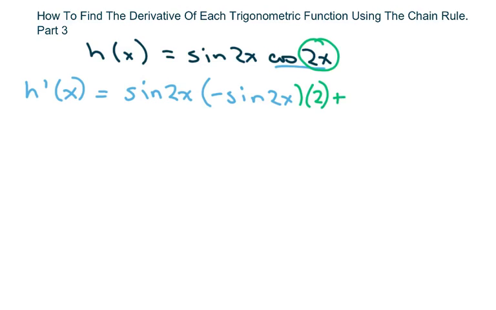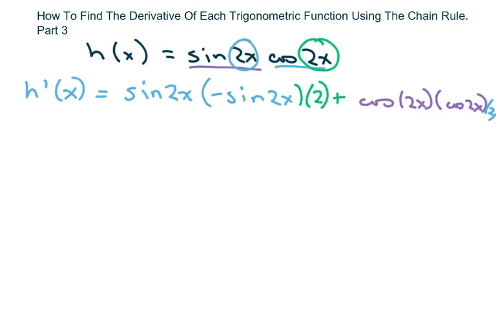Then we have plus, you write your second piece, cosine of 2x, times the derivative of sine. That's going to be cosine of 2x times the derivative of your inner function, which is just 2.